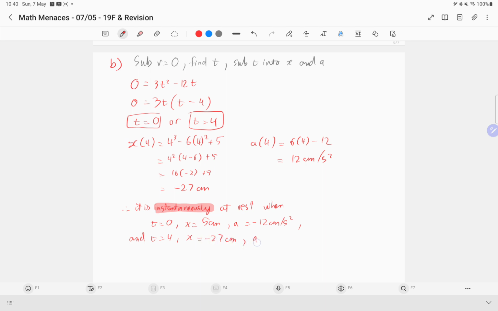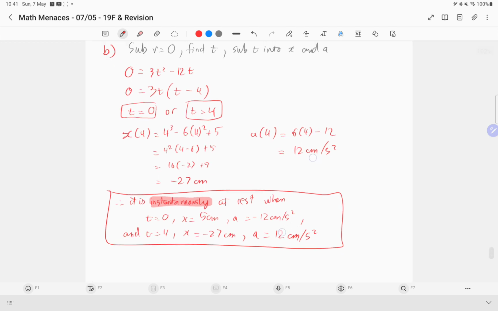That's the position. Acceleration is 12 centimeters per second squared. That's the final conclusion for part B. Yeah, that's it.